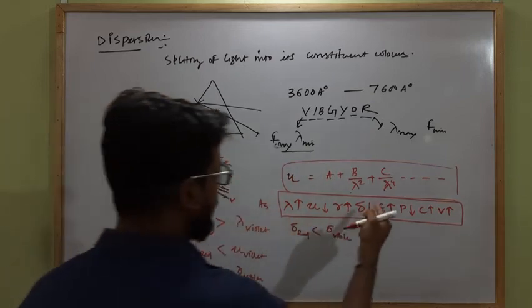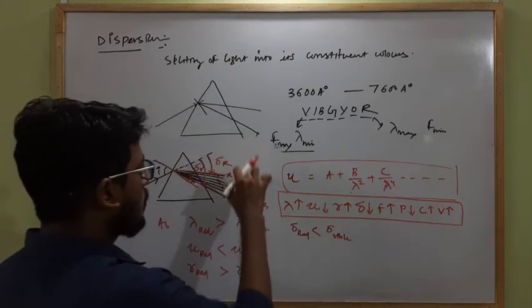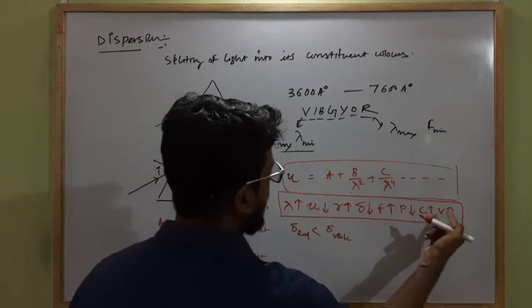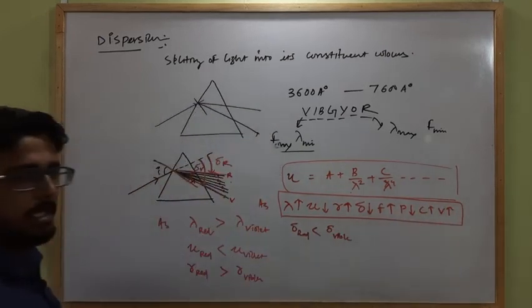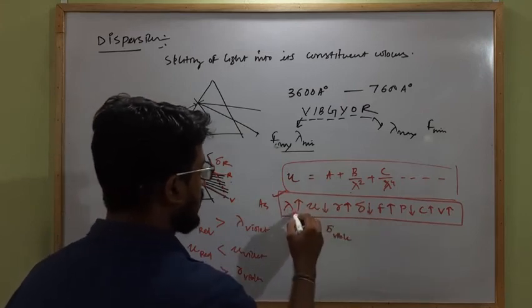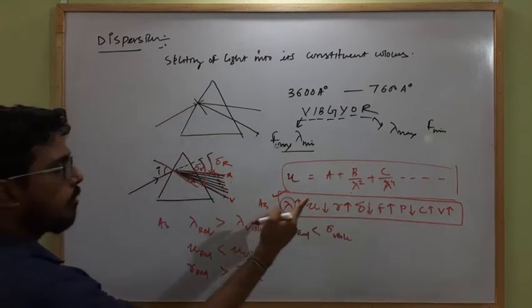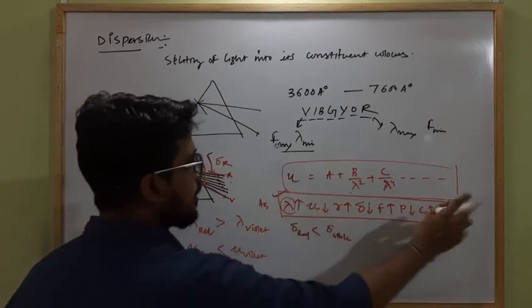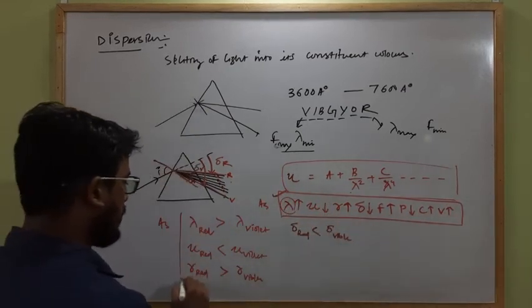Clear? Again, when the light rays travel through a prism, the focal length, the power, critical angle and velocity change accordingly. So you have to remember this relation, as all these vary with respect to the wavelength. Which has more wavelength has less refractive index for the given medium, so accordingly they change.